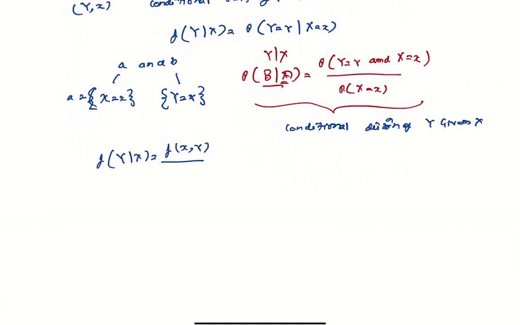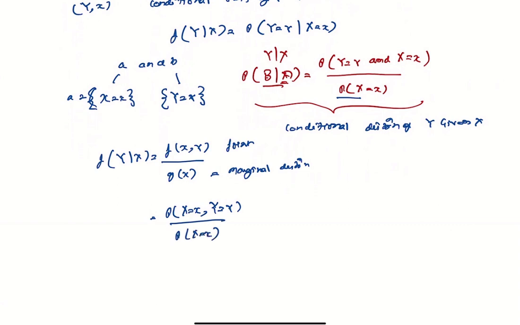That is just a joint distribution. And g of x, which is the marginal distribution of x, is the probability of X equal to x. It's a joint distribution divided by the probability of X equal to x, which is just going to be a marginal distribution.